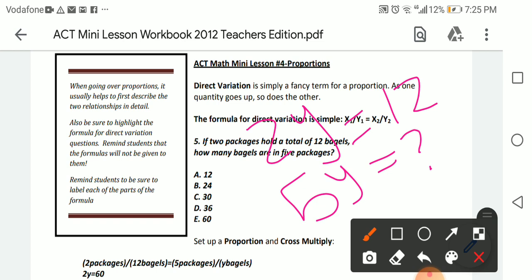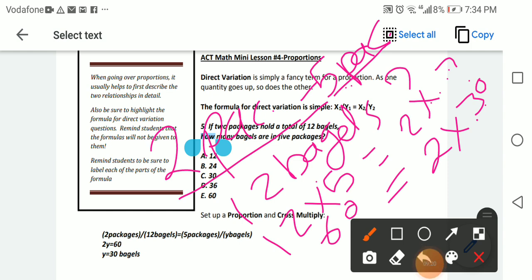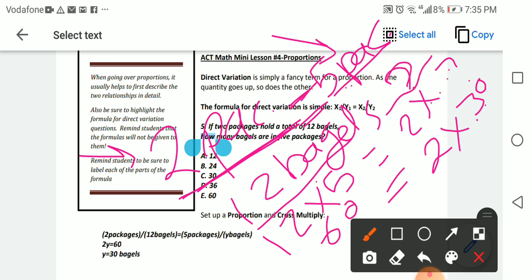So let's see how we can solve this. If 2 packages hold a total of 12 bagels, I write 2 packages over 12 bagels, equals 5 packages over the thing he wants me to find, how many bagels.